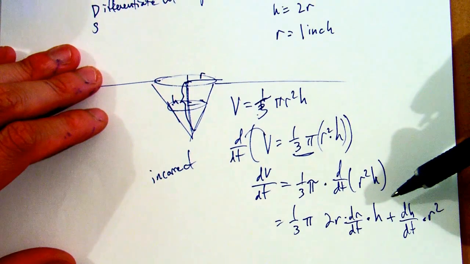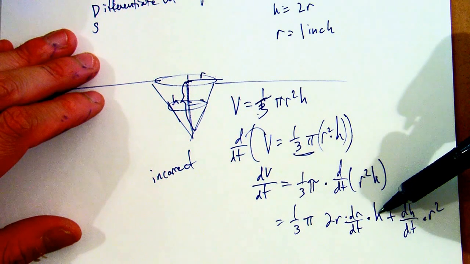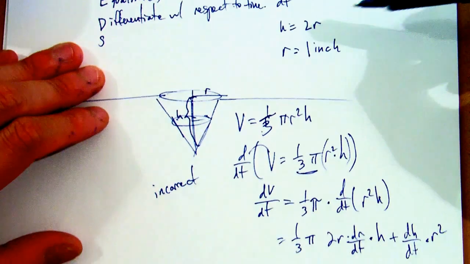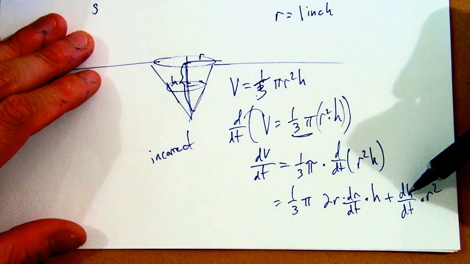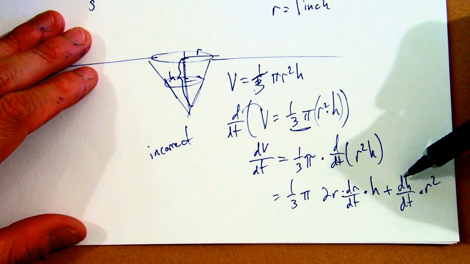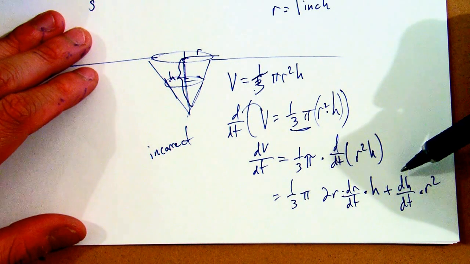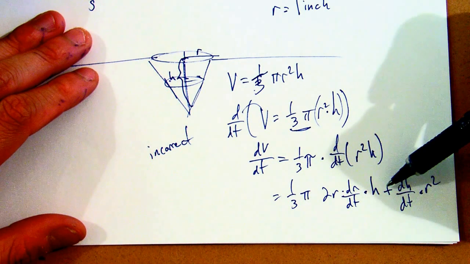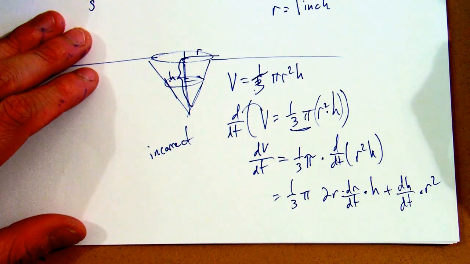The problem with this right now is that I have r and I have h, because you know that h is 2r, but I don't have dh/dt here. So this is a problem. What I need to do is get rid of it before I differentiate.